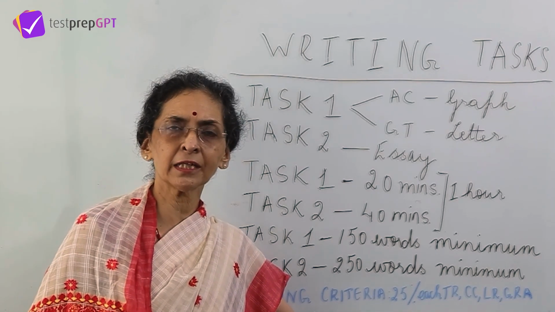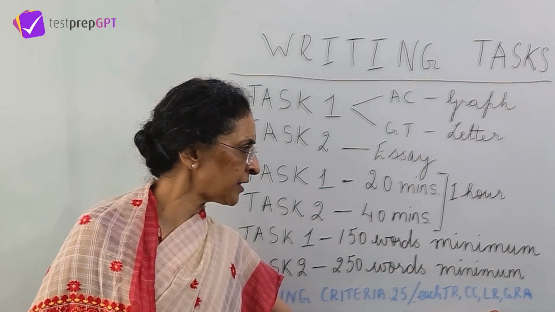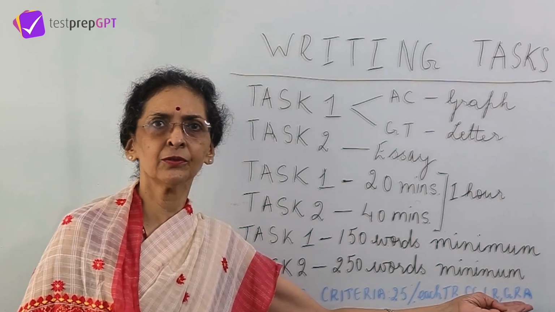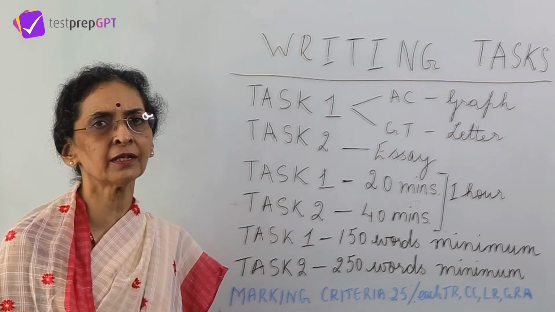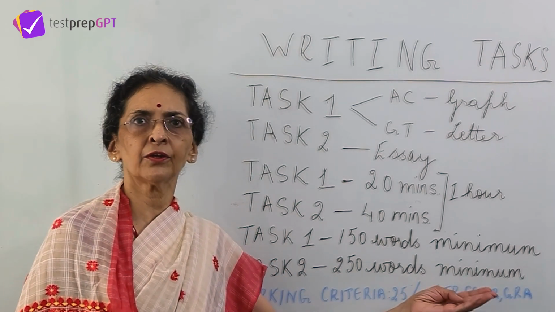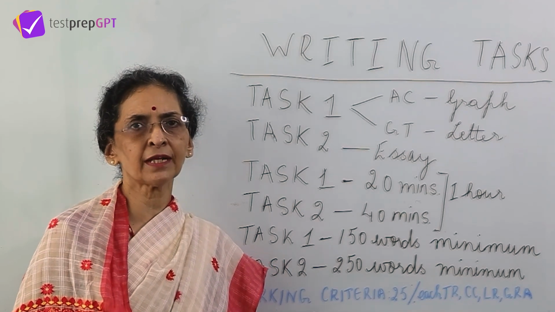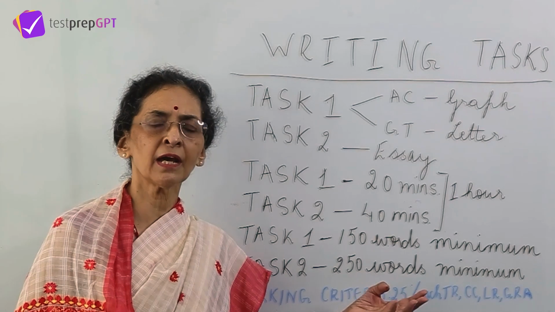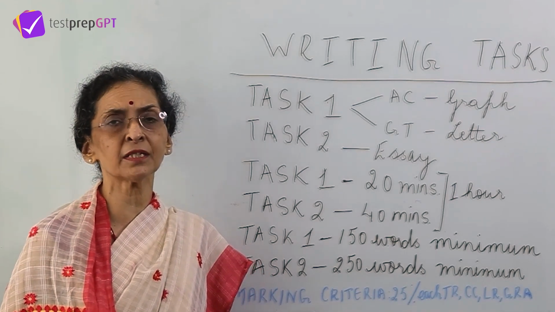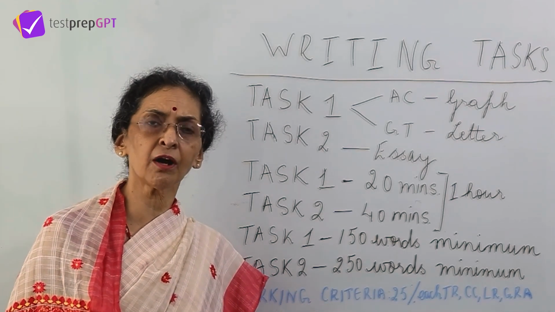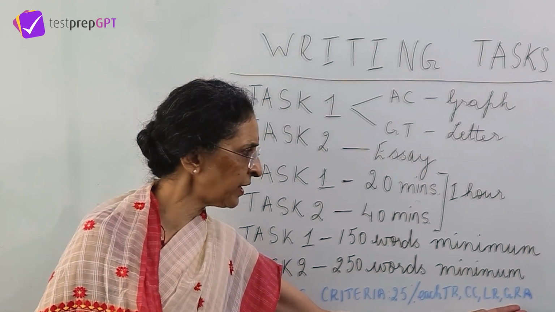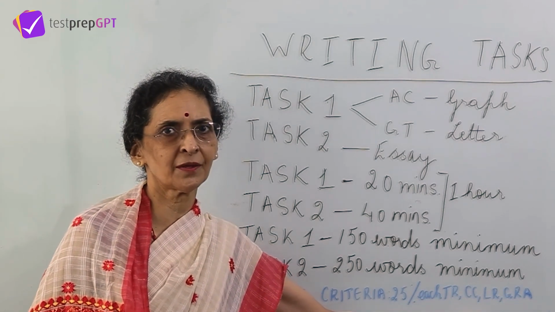All these are taken note of in the criterion for lexical resource. Finally, you have grammatical range and accuracy, where your grammar is looked at. Whether your grammatical structures are accurate, have you used a range of grammatical structures, have you used complex sentences, all those will come in the grammatical range and accuracy.